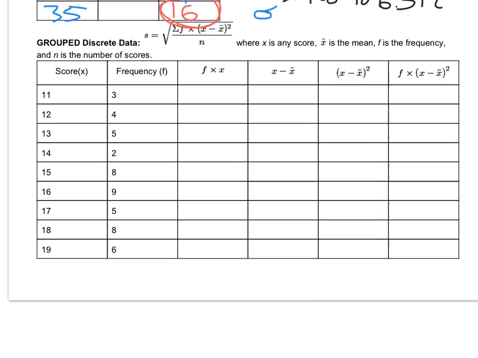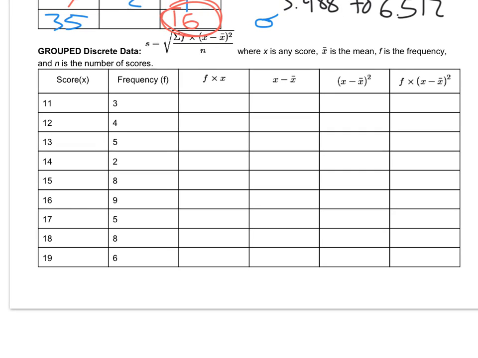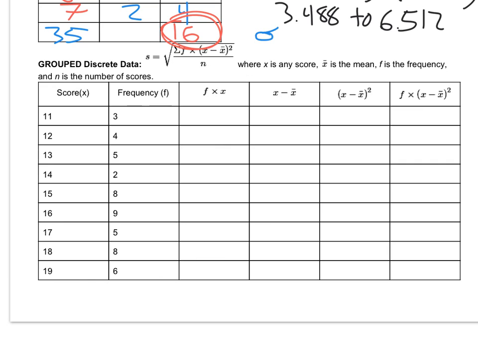If I have a bunch of numbers and I make a little frequency table with them, like the first two columns here, you'll see a value for x and then a frequency for x. So there's 11 3s, there's 4 12s, there's 5 13s, and so on and so forth. The formula changes slightly: right here, you'll see that we take the sum of the frequency multiplied by the x minus x bar squared.